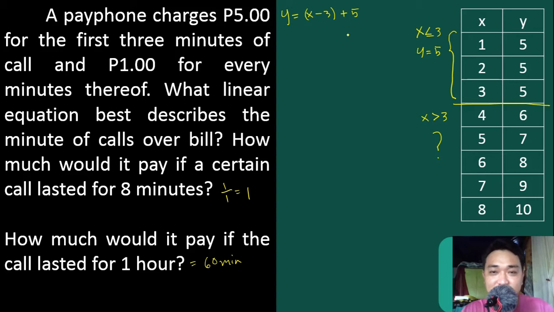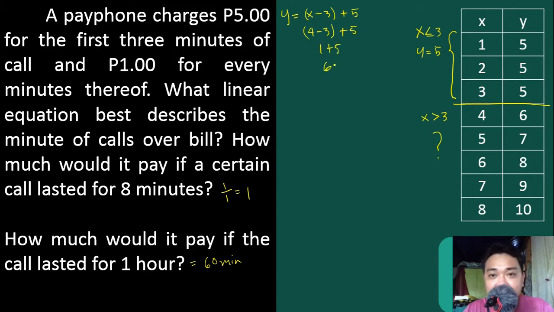Ayan. So, ibig sabihin, pagka yung minutes of calls natin is, let's say 4. Let us substitute here 4. 4 minus 3 plus 5. So, that is, 4 minus 3 is 1 plus 5.